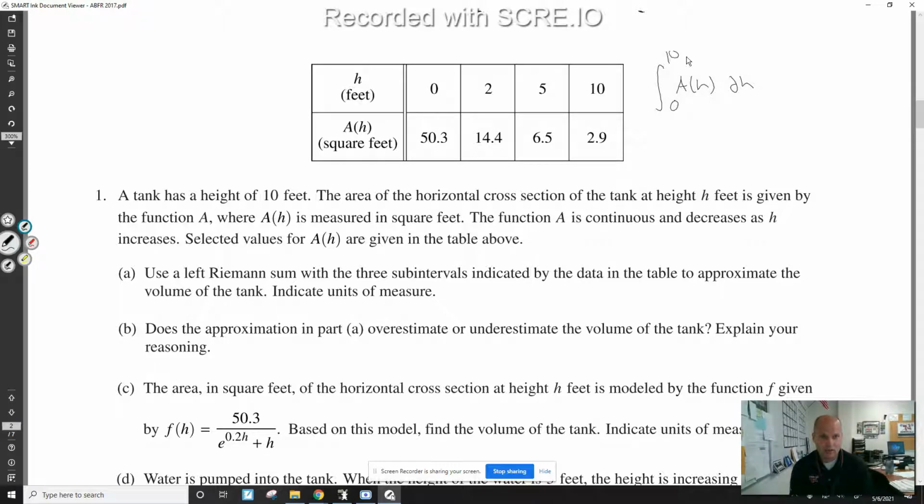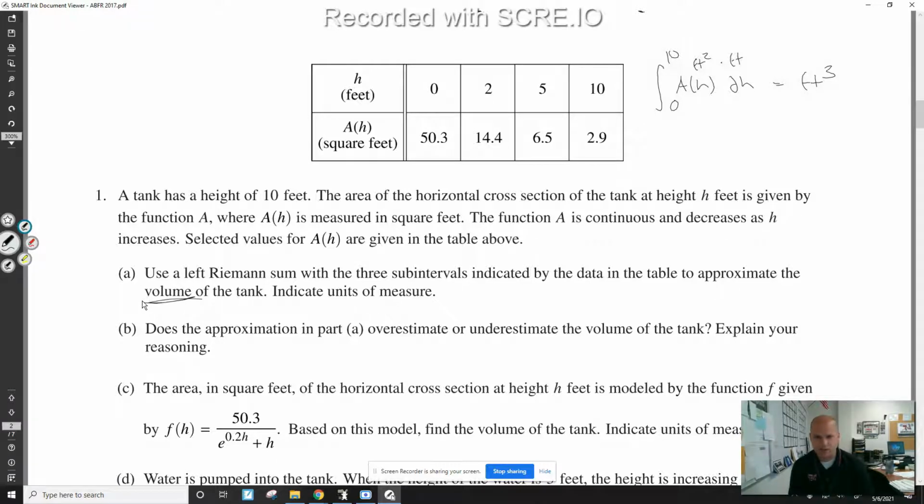What you're doing is square feet times feet, and you get cubic feet. So an infinite sum of areas is just like our volumes of objects with known cross section. When you take an infinite sum of the areas, you end up getting a volume, so long as you're talking about a very, very skinny width at that area. So they're just telling you that.